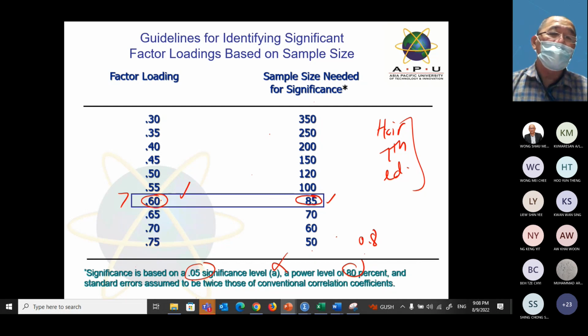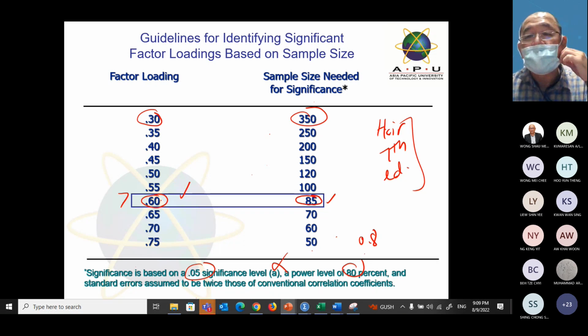Therefore, if you want 0.3 also significant, you must have 350 observations in your sample. In conclusion, sample size higher, the requirement for the factor loading is lower. 0.3 also considered significant if your sample size is 350.